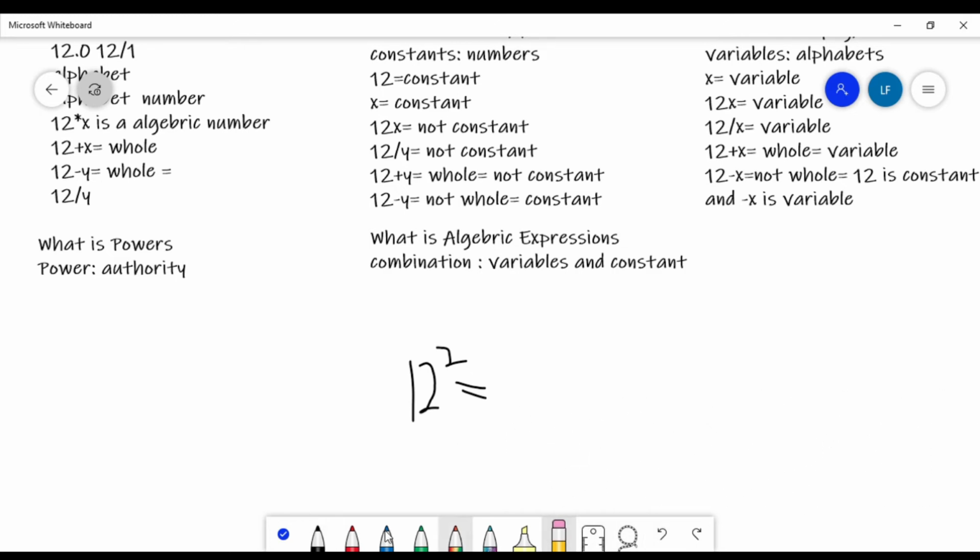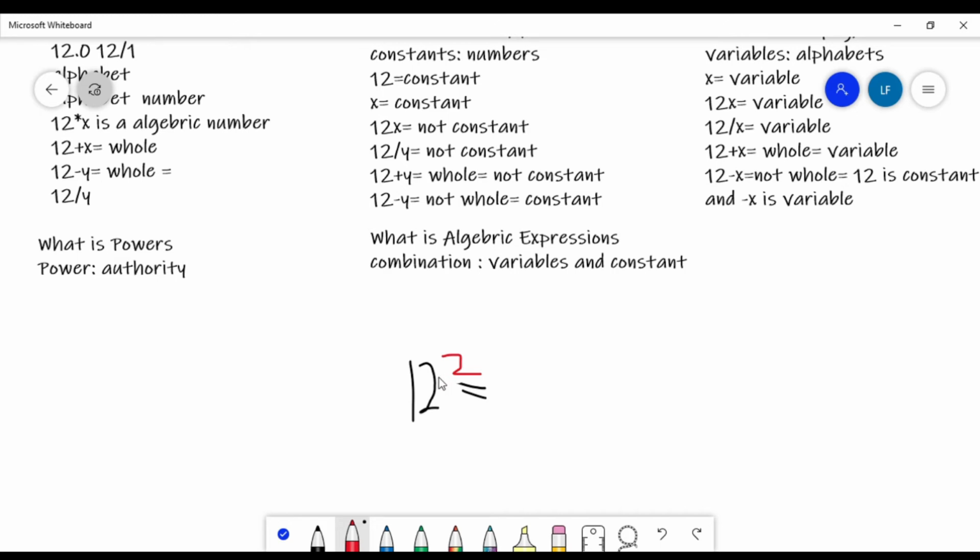But in powers, you don't add 12 two times according to the power number.